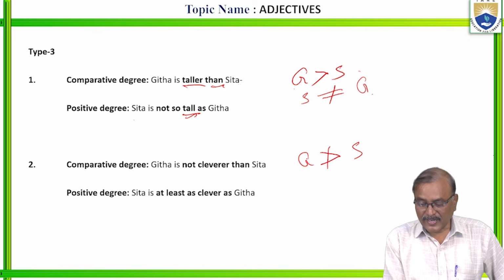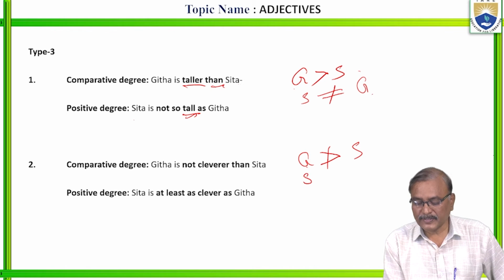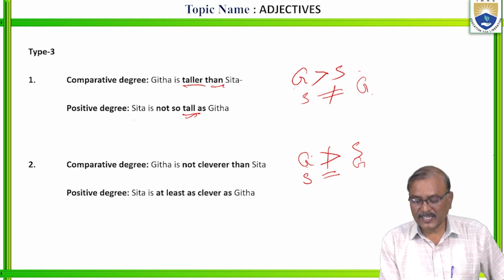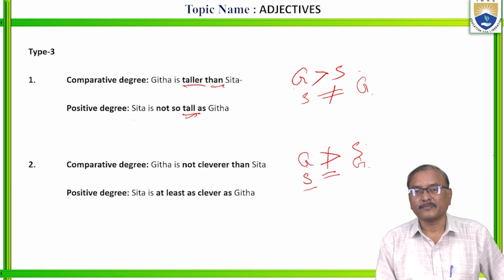So, when Geeta is not cleverer than Sita, there is a chance of Sita becoming equal to Geeta. Is it clear? So remember this rule.